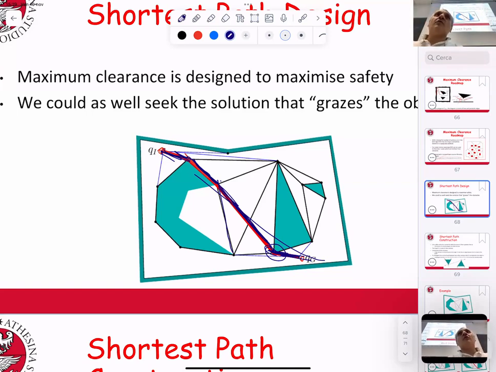But of course, I cannot penetrate inside the obstacles. And I try to modify as little as possible the optimal line of sight connection, which of course here is not there, because there are obstacles in between.